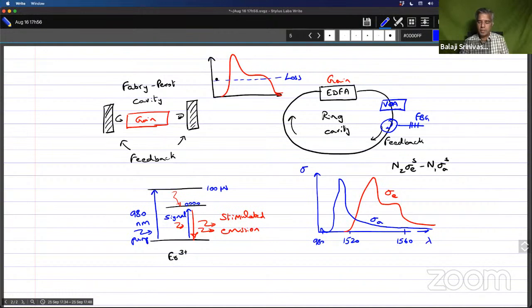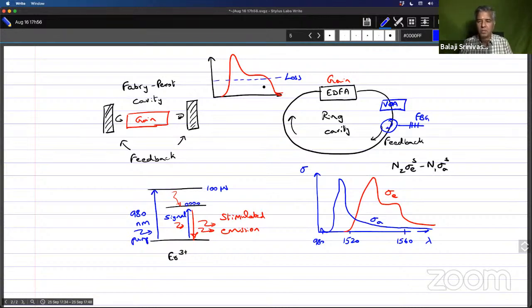So what we talked about was where the gain meets the loss, that's where you will have the laser emission. And of course, there were some nice questions about this entire process in the discussion forum. So I was explaining why just having a large gain at certain wavelengths is not enough to make the laser oscillate at those wavelengths.